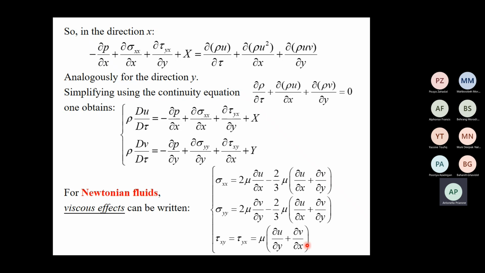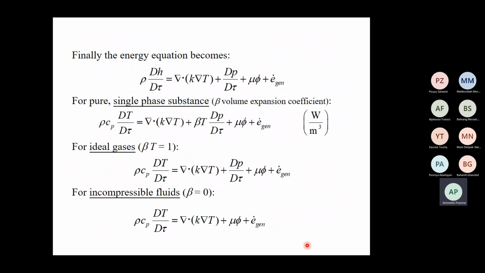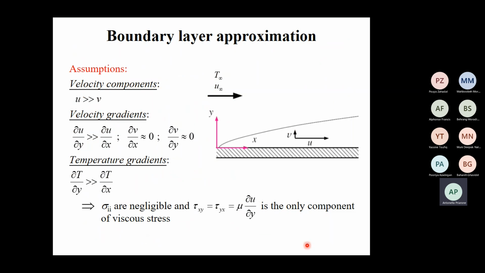In the next lesson, we will apply the so-called boundary layer approximation. The boundary layer approximations are based on physical elements, so it's not a creation without sense, but is based on physical observation of the phenomenon.